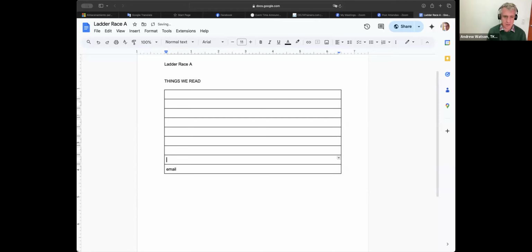So I don't know. Letter. Okay, it's the same or longer, right? But then I could have newspaper after that. Each person in your group is going to take turns to write things we read, and I'm going to give you about 5 minutes to do this.